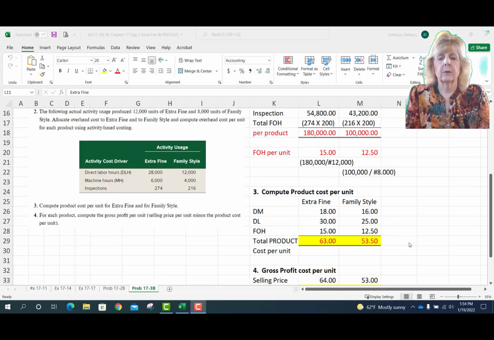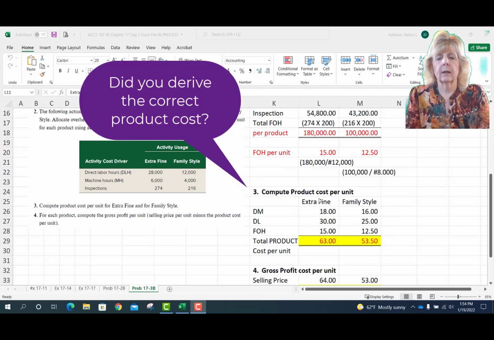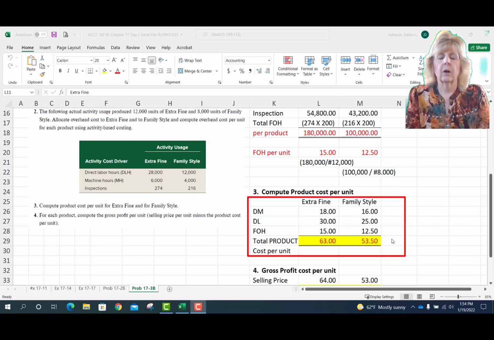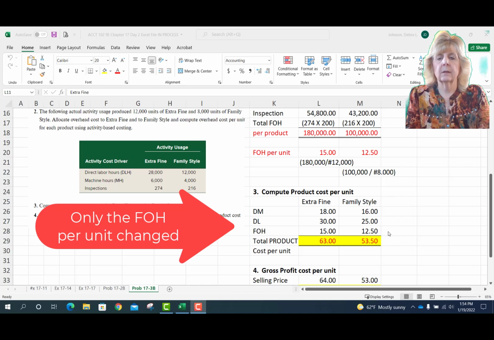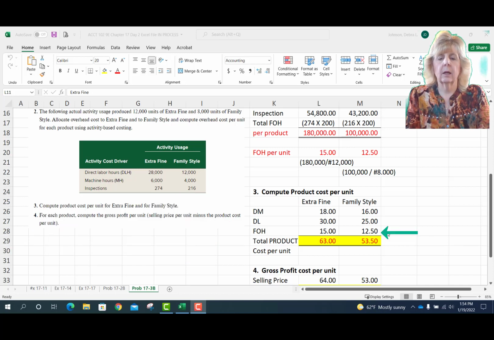The author also asked us to compute the product cost. The product cost for the extra fine came out at $63, and the cost for the family style came out at $53.50. Notice that the only difference between these 2 and the previous problem was the factory overhead allocation.